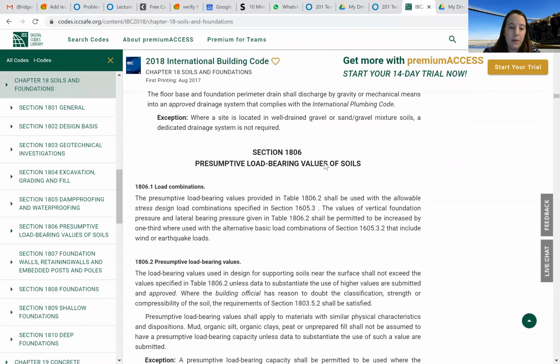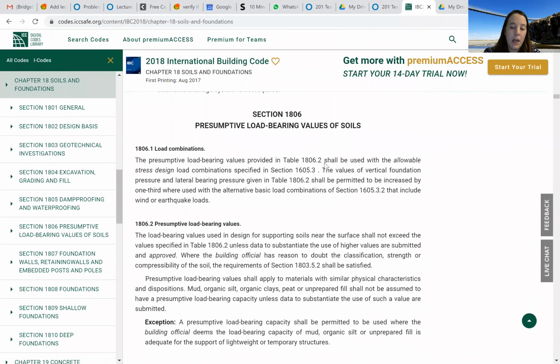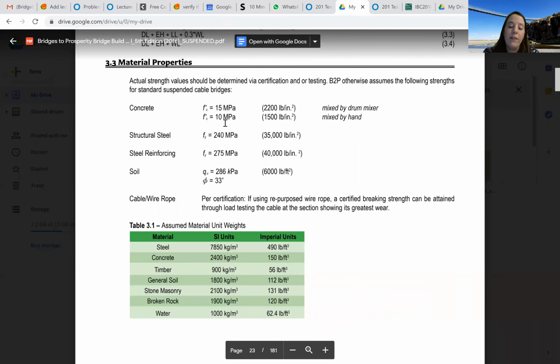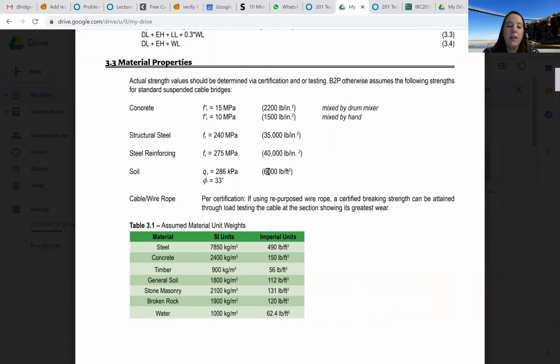So allowable stress design means that the factor of safety has already been applied. If I divide 3,000 by 2, a factor of safety of 2, or if you multiply it by 2, you get the ultimate 6,000 pounds per square foot that you've been provided.